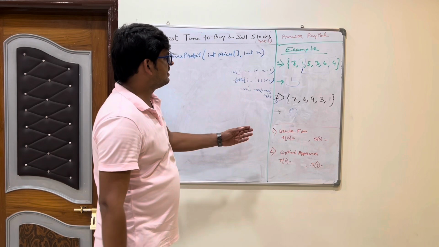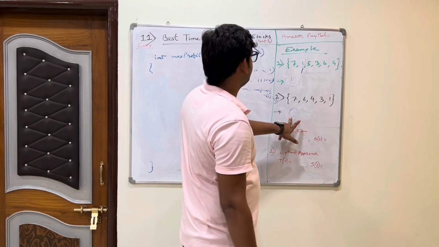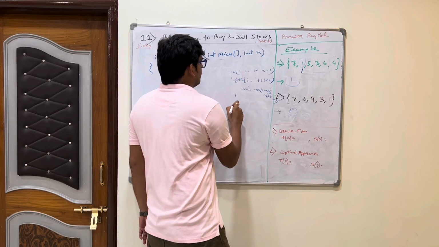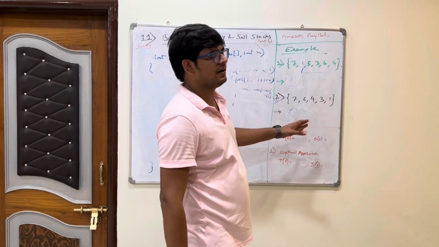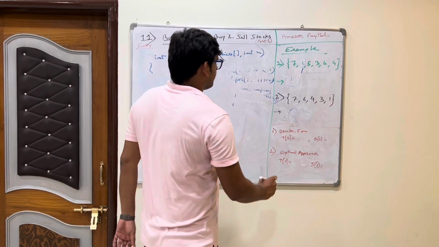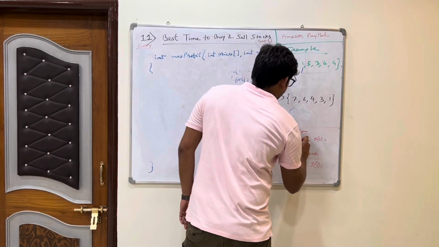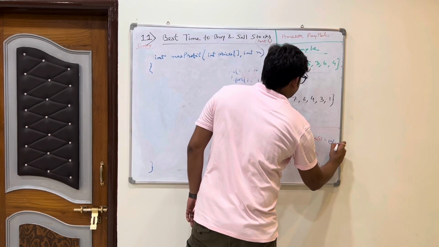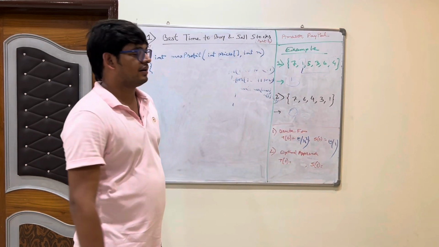And if we are at a loss, then we will return 0. So if it is negative, then we will return 0, or if we need to print it, then we will print that we are at a loss of this. In this way we can solve this in order of n square, and for the space, we are not using any extra space, so it is order of 1.